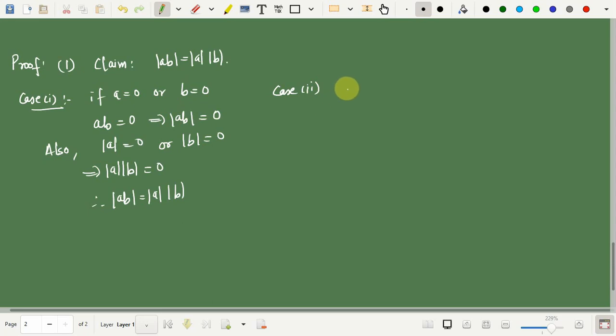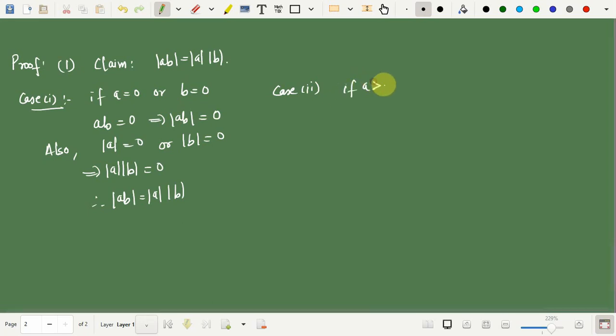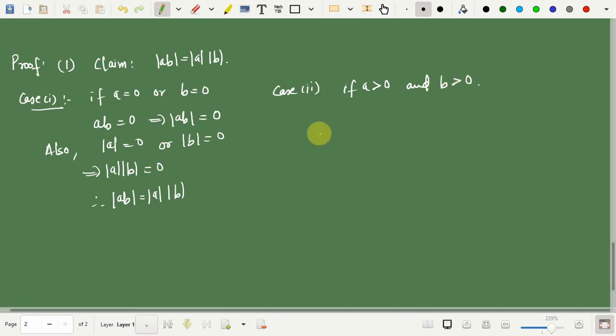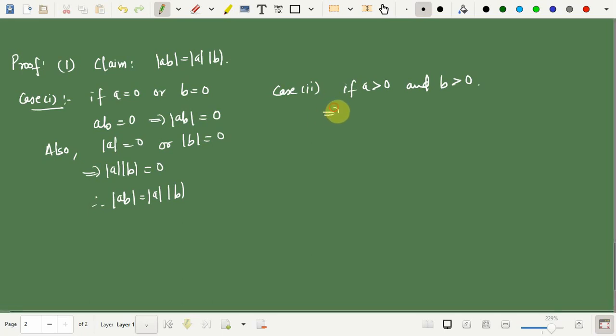So, case 2, when a is strictly greater than 0 and b is strictly greater than 0, right. So, in this case, since a is positive, what can you say about mod of a b? First thing, this implies that their product a b is positive.